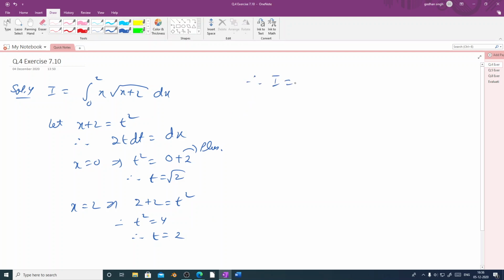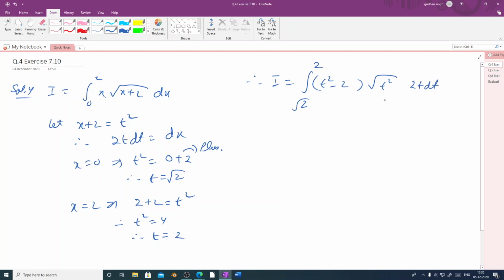Therefore I equal to, changing the limits, when x is 0, t is root 2, and when x is 2, t is 2. In place of x we write t square minus 2, into root of t square, since x plus 2 is t square, and dx is 2t dt.